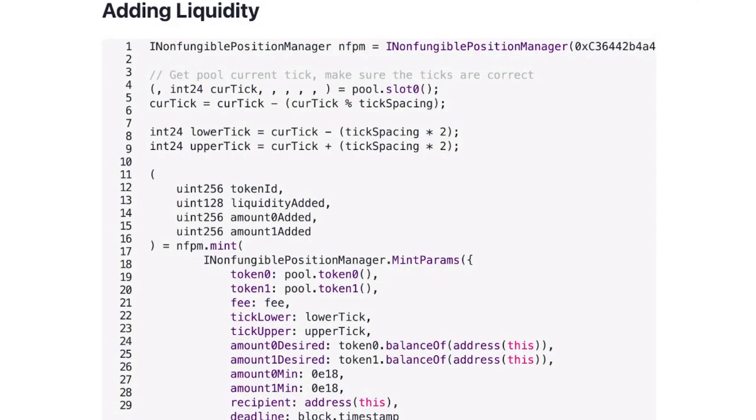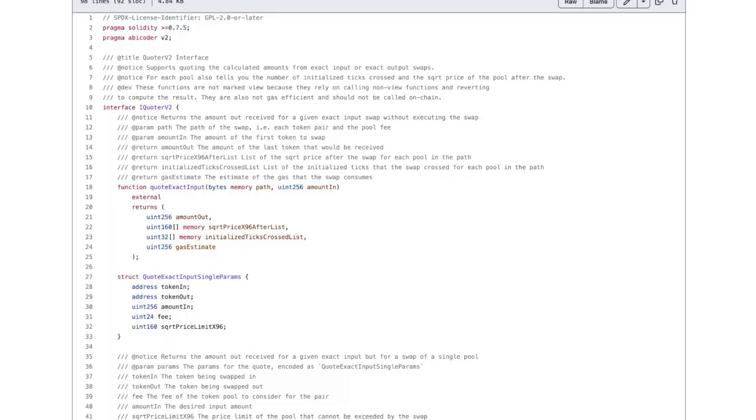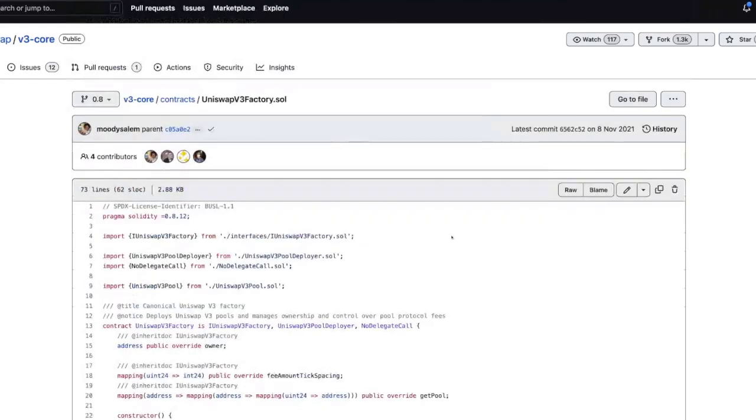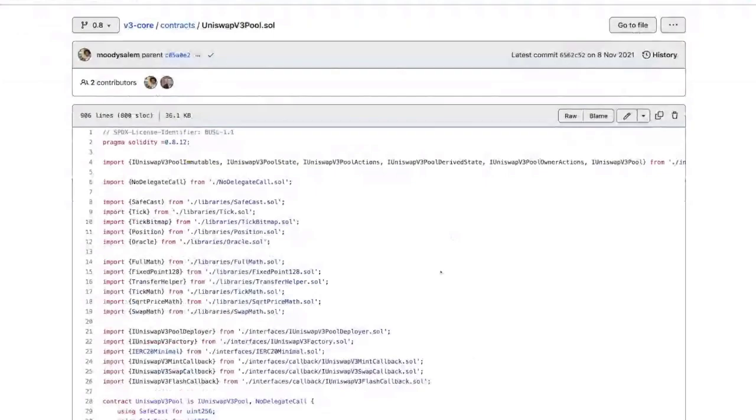I mean, it kind of makes sense, right? Because core's responsibility is that it should be the most gas efficient logic for your protocol, which it is. Like you have your factory, which just creates pairs, and then your pools.